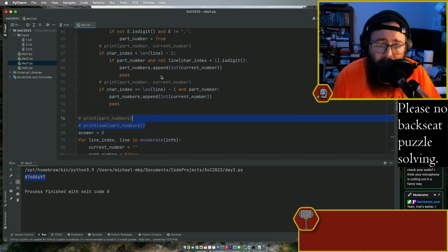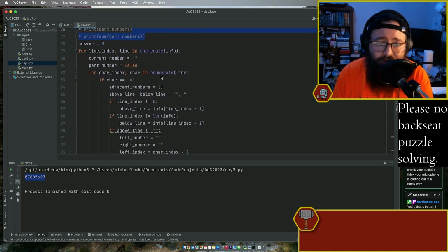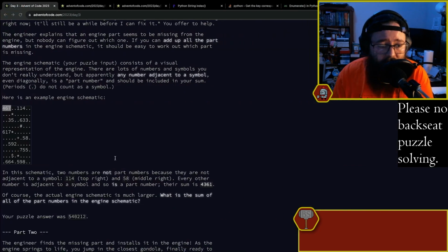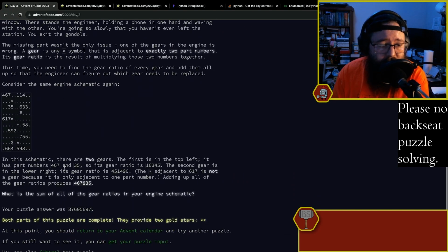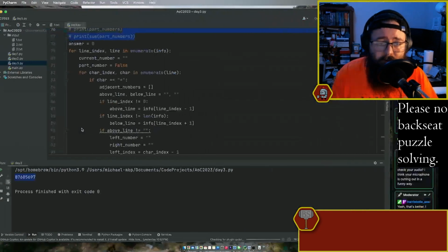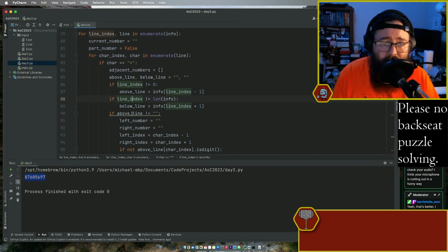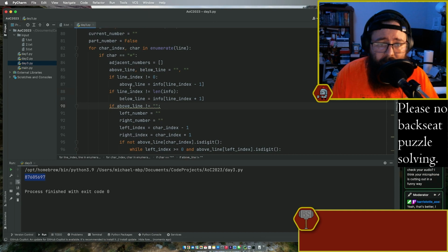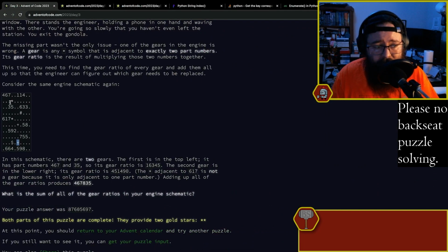So that wasn't awful. The next one was trickier because now instead of just looking at part numbers, I'm looking at these gears, these asterisks, and I need to look at the numbers that are around an asterisk. So again, I'm looking above and below, and I need to check to see what numbers are touching asterisks.